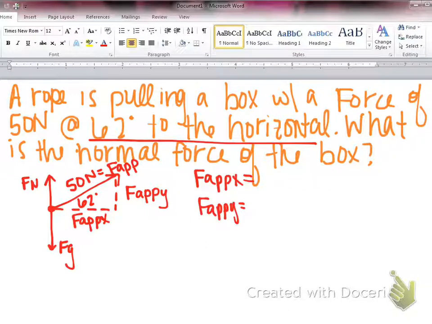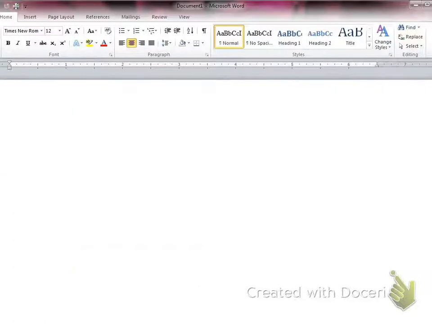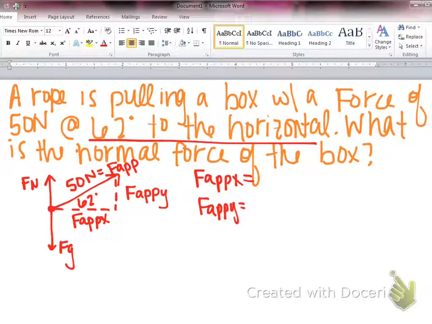Okay, we're going to find the components of that force that's being applied at an angle. So if I want to solve for F applied x, am I going to use sine or cosine? I'm going to use cosine because it's adjacent to that 62-degree angle. So I'll take 50 newtons, which is my hypotenuse, times cosine of 62 degrees.